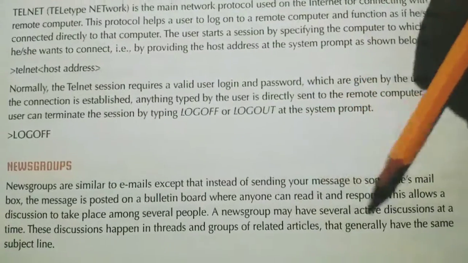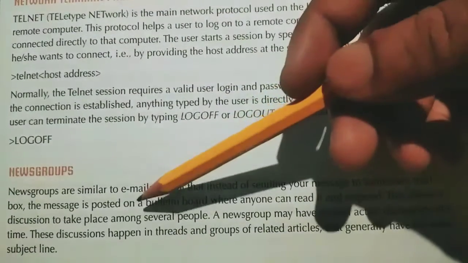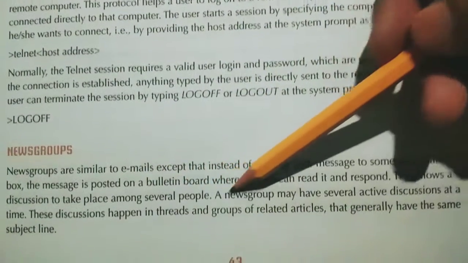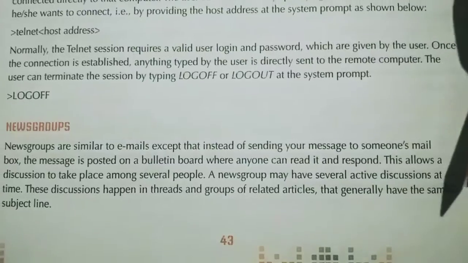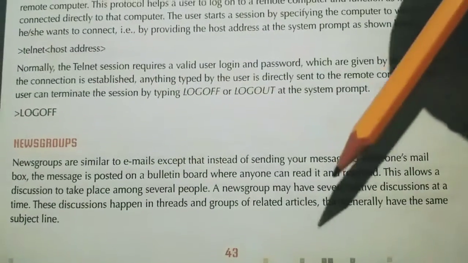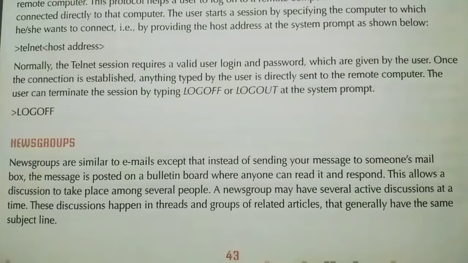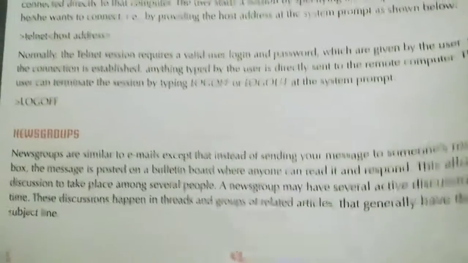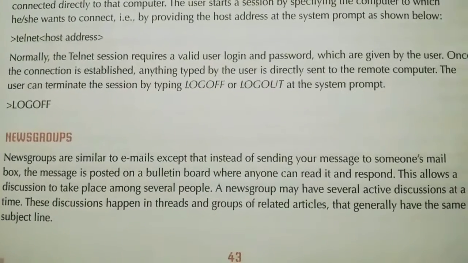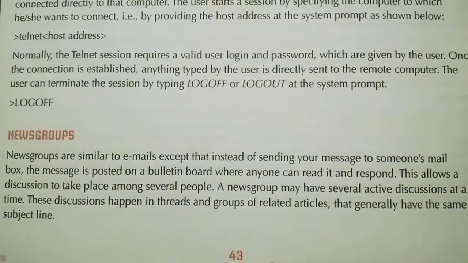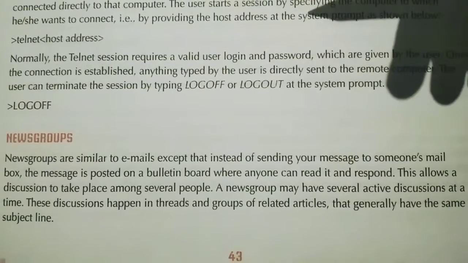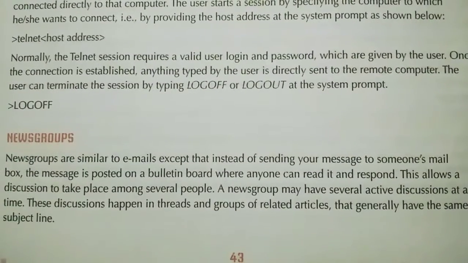A news group may have several active discussions at a time. These discussions happen in threads, groups of related articles that generally have the same subject line. So articles related to your article can also be shown in the same bulletin. That is called a news group.